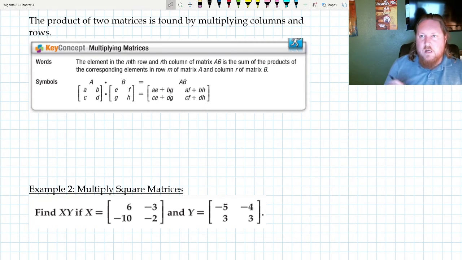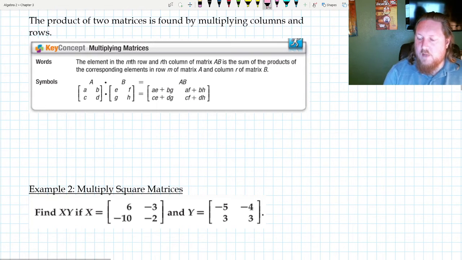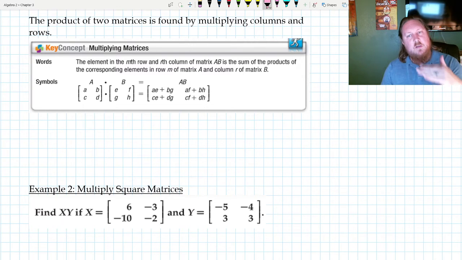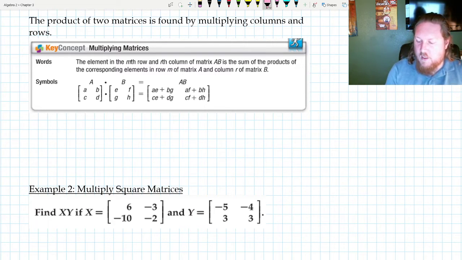All right, we're going to talk about actually multiplying matrices now. The process that you're going to use is matching the first matrix's row with the different columns of the second matrix in the product.